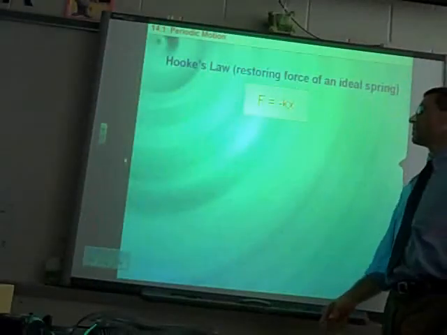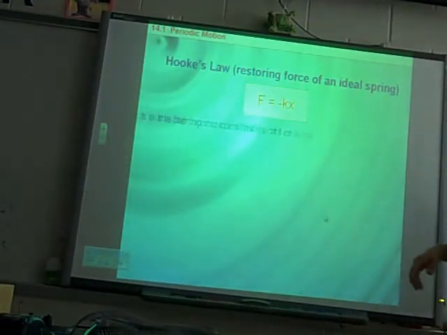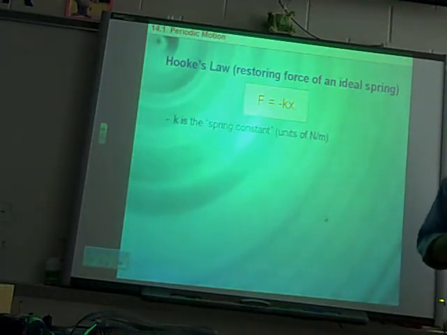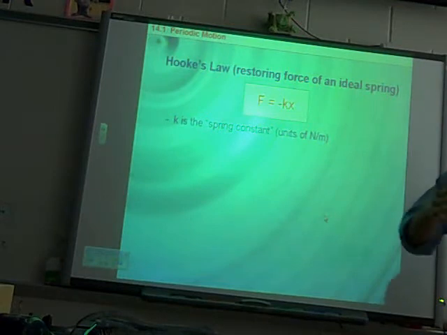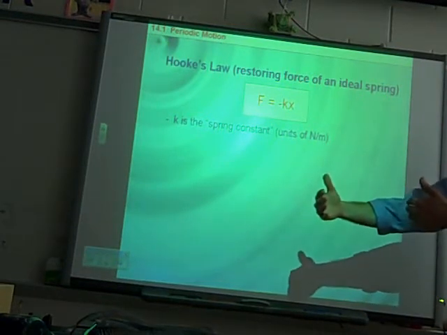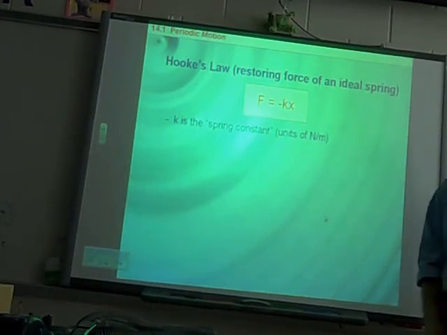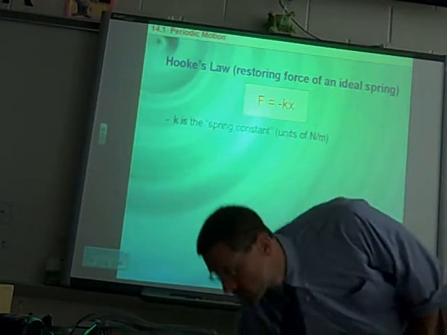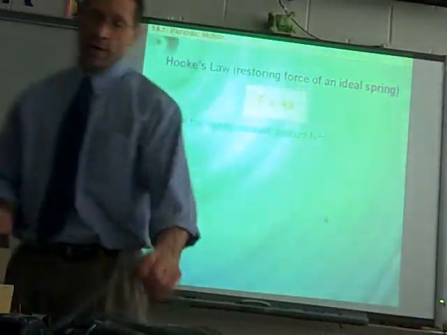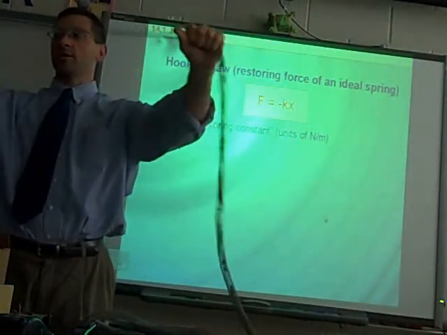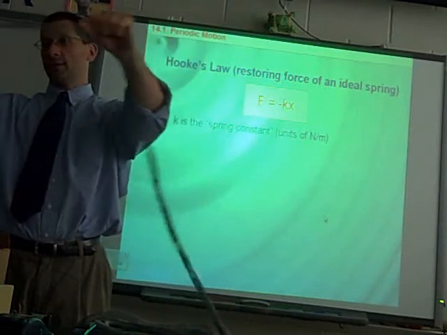Newton per meter, not newton meter. So k is called the spring constant, and it has units of newtons per meter. What it says is that this spring, for a given amount of stretch, will give you this many newtons of restoring force. So we have this spring, which is called a snaky.